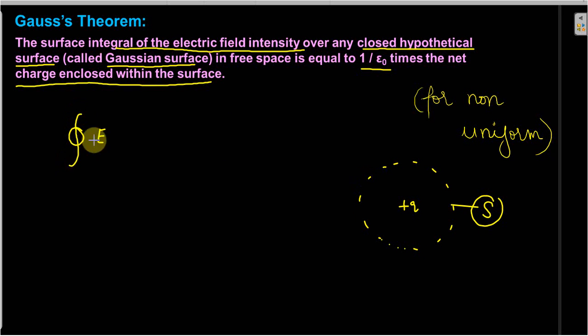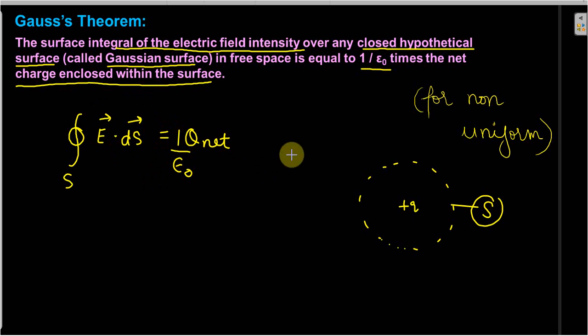So we will call it the surface integral over the closed surface S, over any closed hypothetical surface in free space, equal to 1 by epsilon naught. So the product of E dot dS, and these are vector quantities, the area vector and the field E, is equal to the net charge enclosed within the surface multiplied by 1 by epsilon naught.